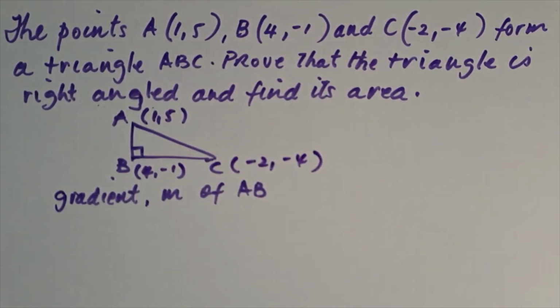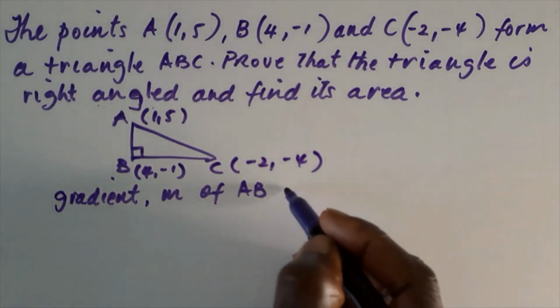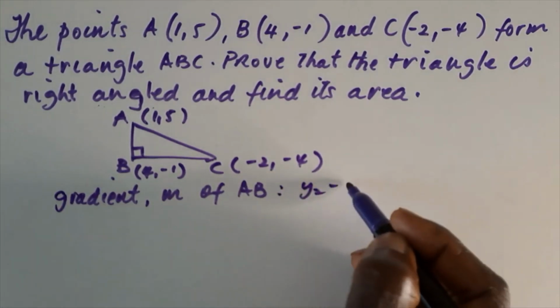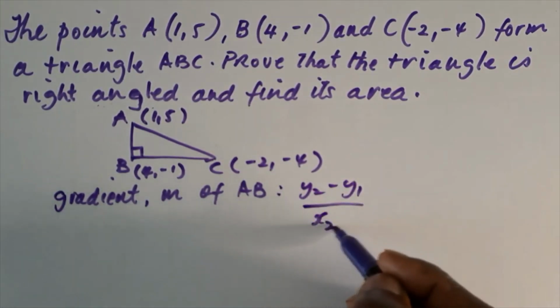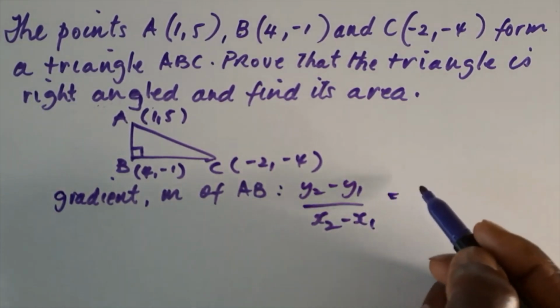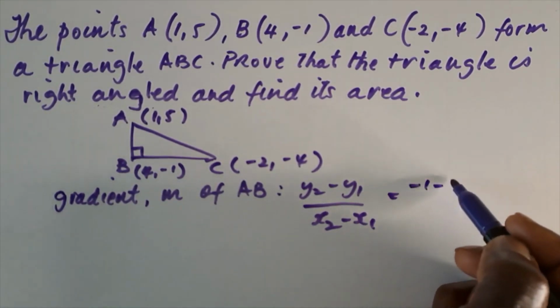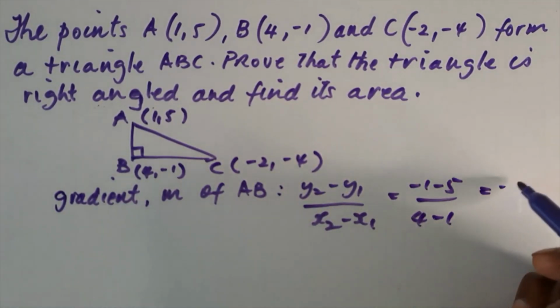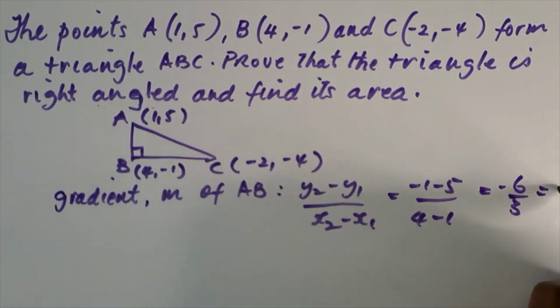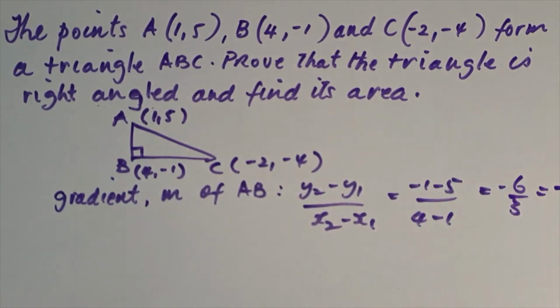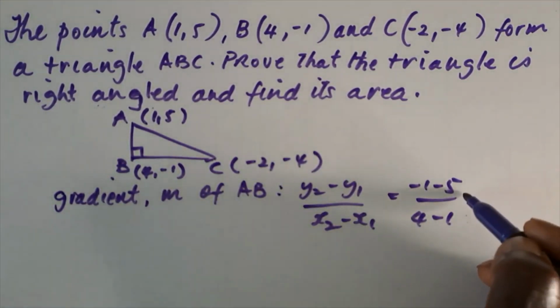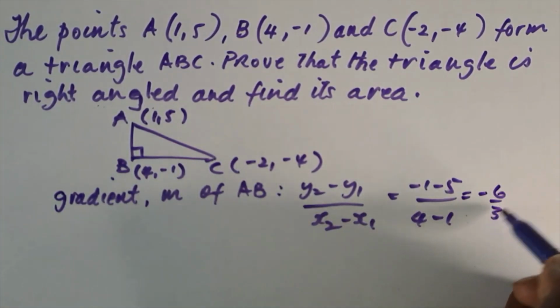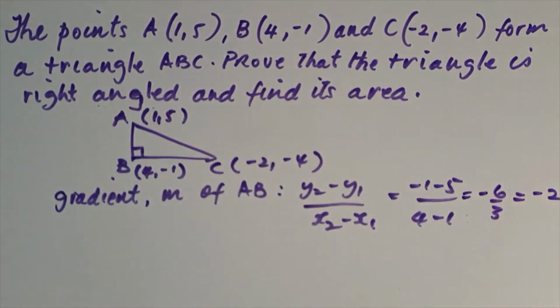So the gradient of AB, which is y2 minus y1 over x2 minus x1, gives us -1 minus 5 over 4 minus 1, which is -6 over 3, which gives us -2. So we know our gradient of AB is -2.